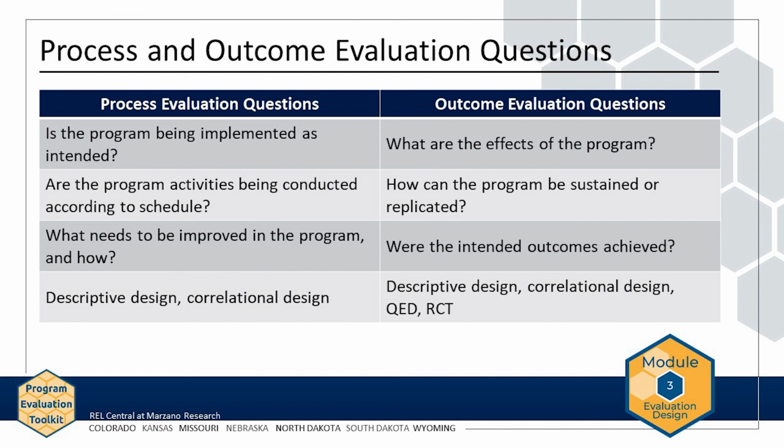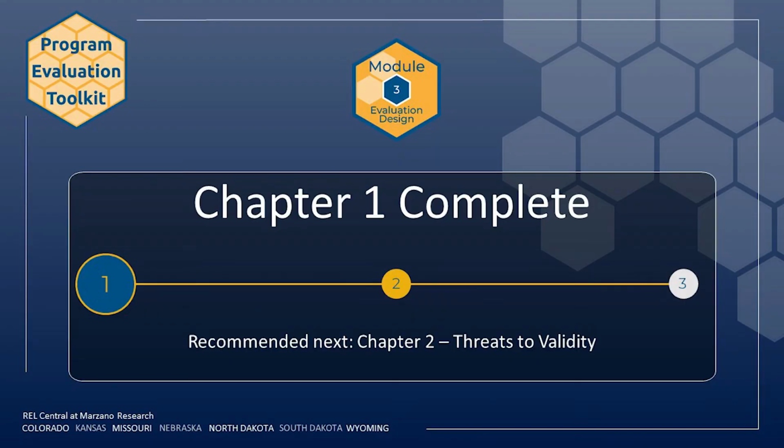The QED and RCT yielded outcome information, providing insight into how effective the program is and whether the outcomes have been achieved. Next, in Chapter 2, you will learn about threats to validity in evaluation design.